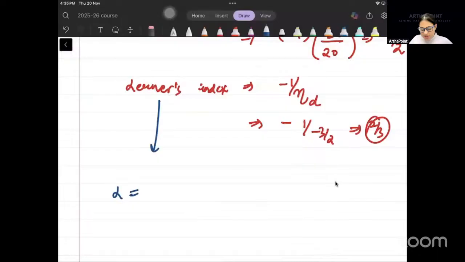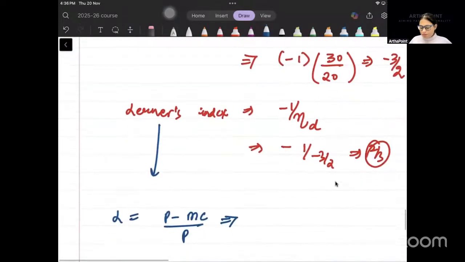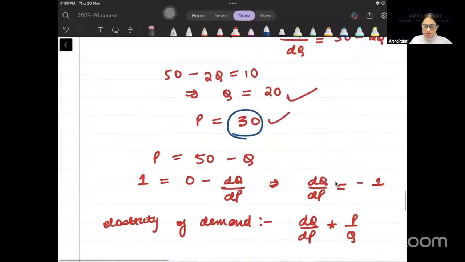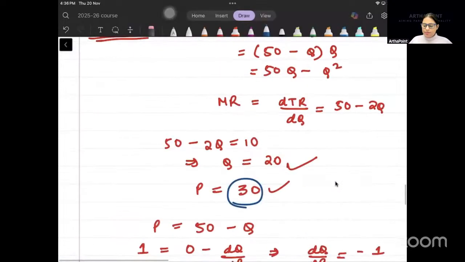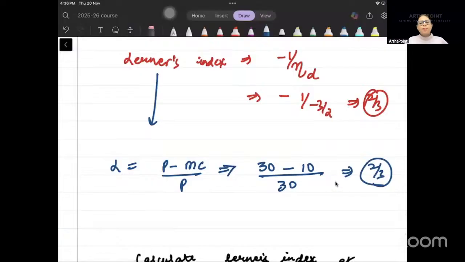That Learner's index will be P minus MC by P. Price is 30. Marginal cost is 10. Price is 30. Again 2/3. Do it by any way you want. So the Learner's index is P minus MC by P, and it is 1 by elasticity of demand.